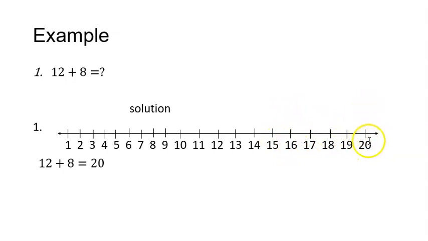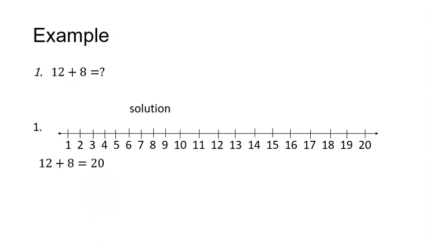And the number you landed on is your answer. So our answer is 20. 12 plus 8 is going to give you 20. Do you understand that now? So this is how you use the number line in addition.